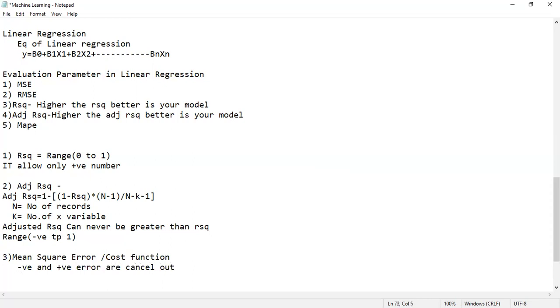Second point, in mean square error, if the errors are large and we take the mean, we punish the model for the large errors. So we write it down: MSE is used to punish the model for the large errors.